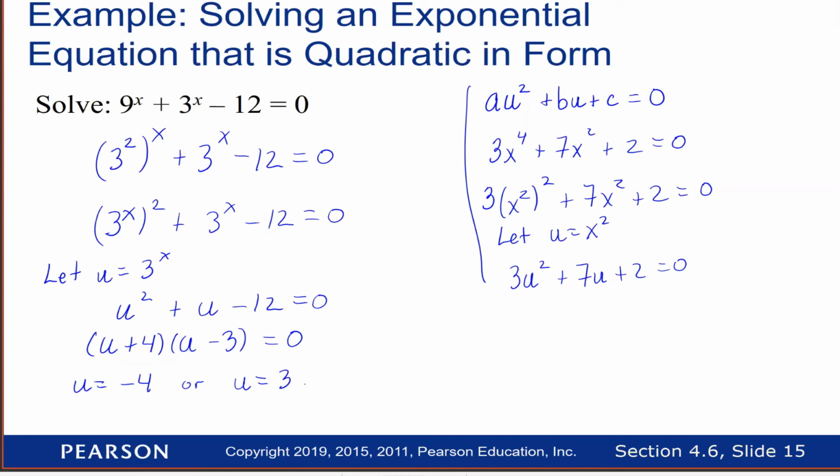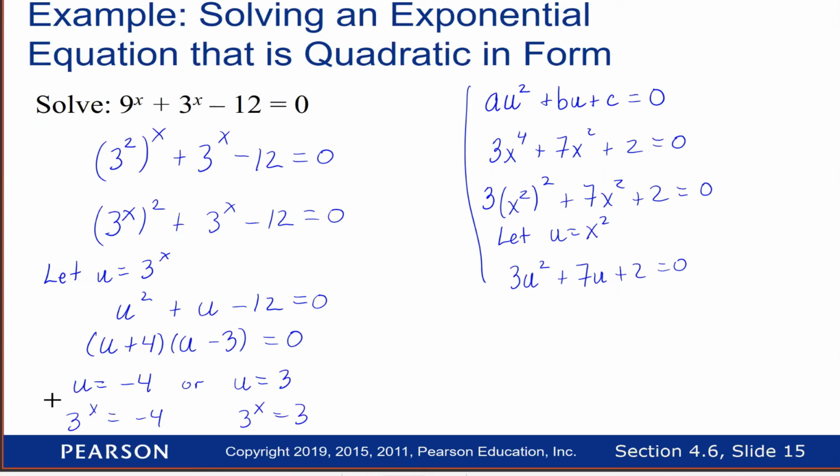But we don't want to know u, we want to know x. Now, on the left, you would then have 3 to the x power equals negative 4 because that's what u is originally equal to. And on the right, you have 3 to the x power equals 3.